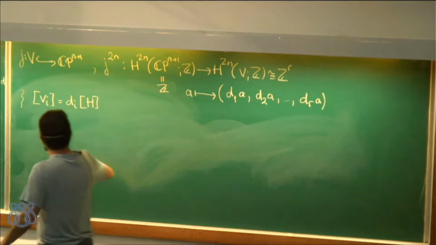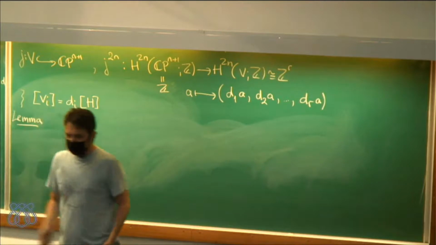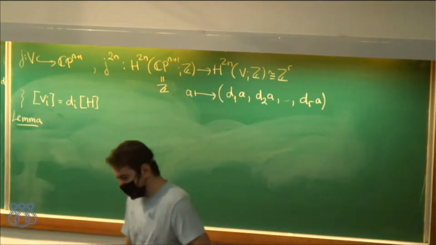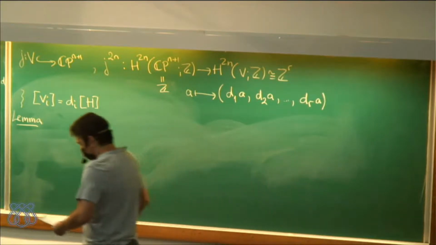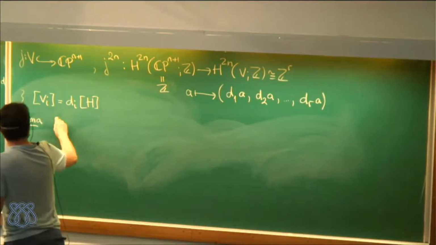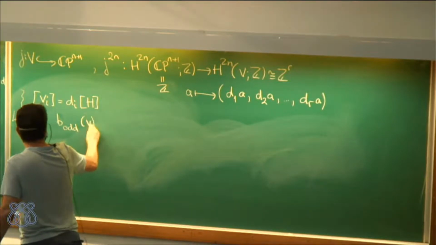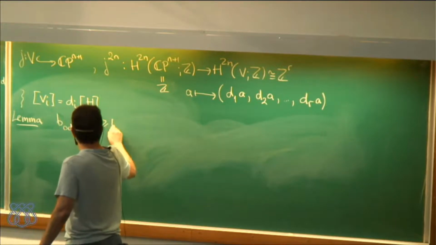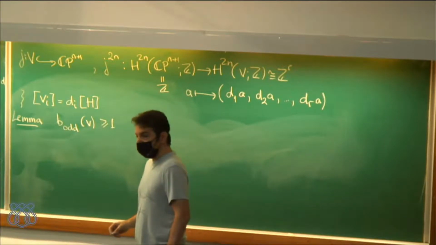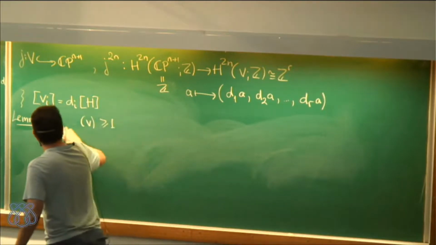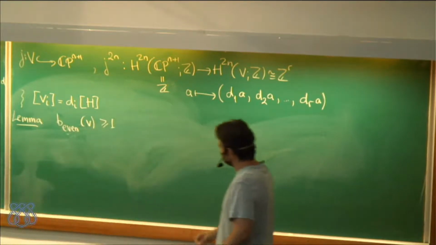Now, I have a little lemma here. I should say that most of these things are, of course, in books. This is nothing really new here. So the lemma I have here is that the even Betti numbers of V are at least 1 for any hypersurface. Sorry, not the odd, the even. Even, odd are the same thing, but if you add 1, right?